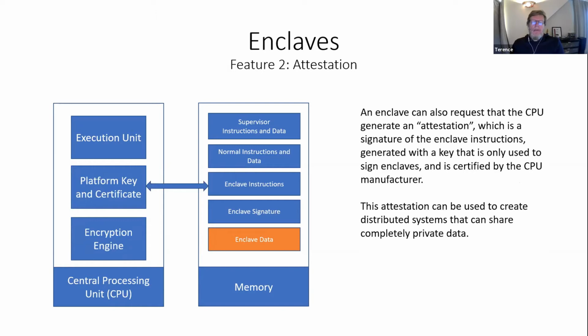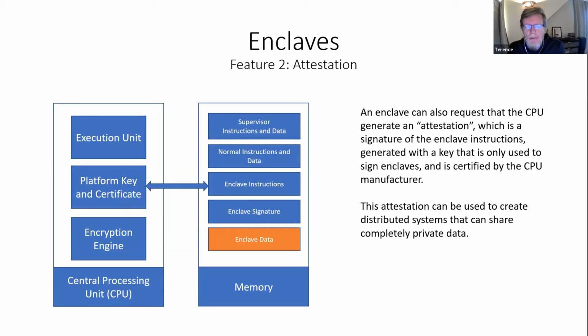And there's a second, slightly more complex, but also important feature called attestation, which means an enclave can request that the CPU generates an attestation, sometimes called a quote, which basically takes the state of the enclave instructions and digitally signs them with a key that is only resident within the CPU and will only sign enclaves.